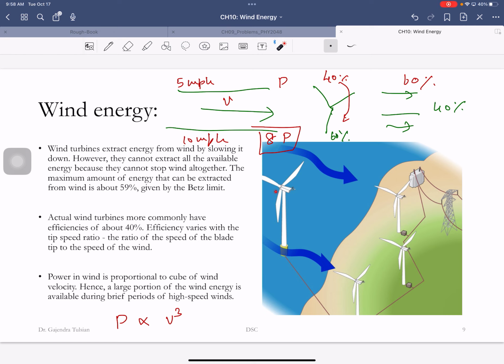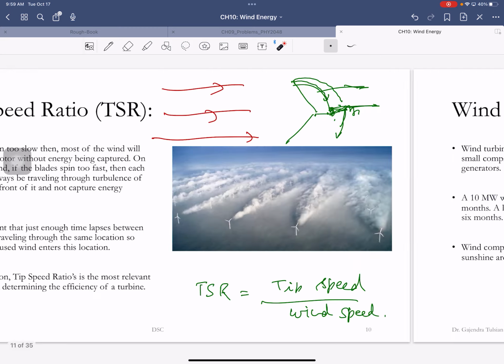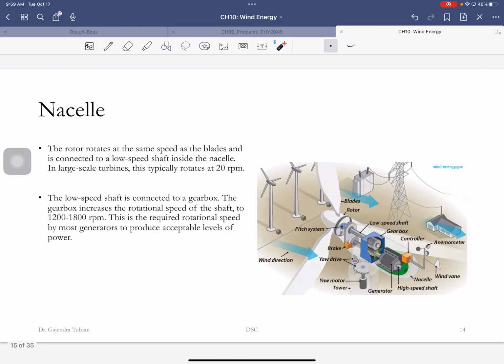And that depends on the size of the blade and the rotation speed. The rotation speed depends on the aerodynamic design. But once the wind is blowing, you want to turn as fast as possible.